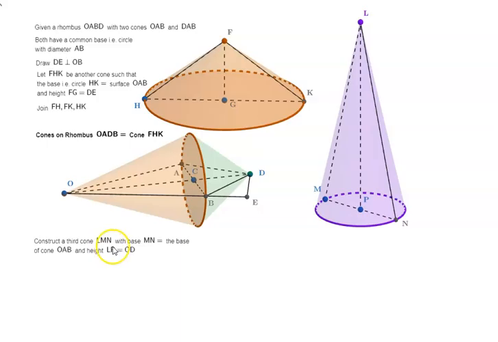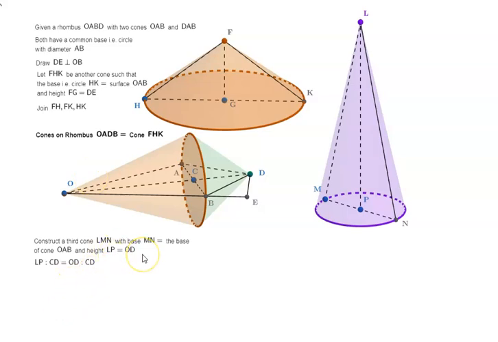Construct a third cone element with base MN equal to the base of the cone OAB and height LP equal to OD. OD is the line joining the apices of these two cones. Now, let's set up a proportionality.